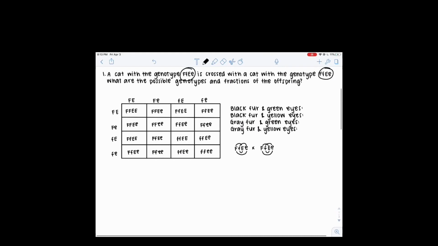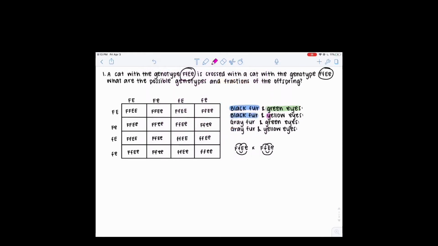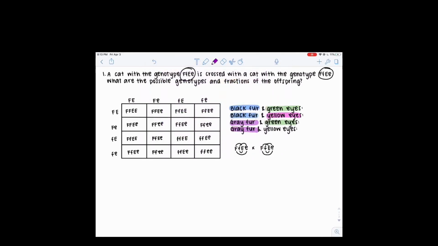So now to figure out the fractions of the offspring, we need to figure out which cats have the black fur and the green eyes, which cats have the black fur and the yellow eyes, which cats have the gray fur and the green eyes, and which cats have the gray fur and the yellow eyes.